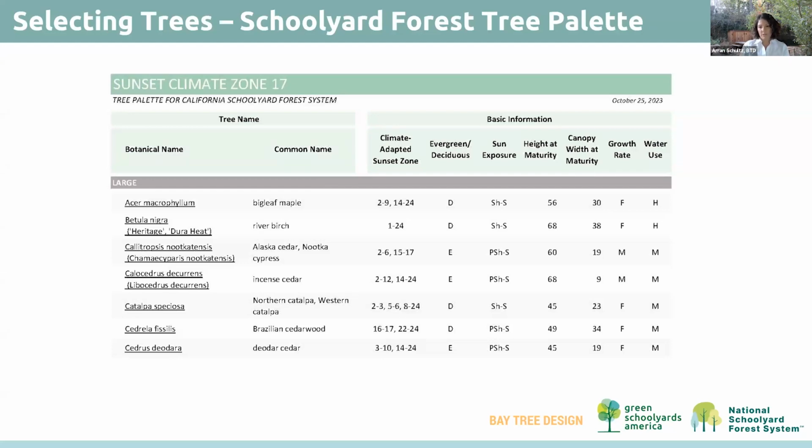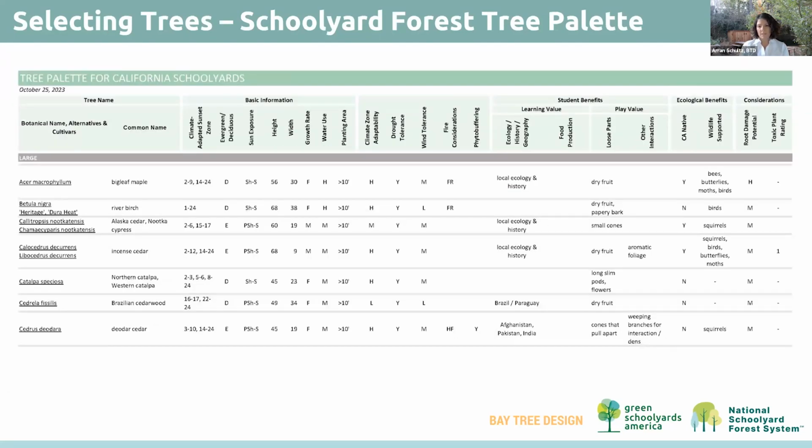However, we've also included a more extended list that includes information that relates to the various benefits you hope to derive from the trees selected for a schoolyard forest. So the expanded tree list includes the same basic information, as well as more detailed information on adaptability to specific conditions and more specialized characteristics.